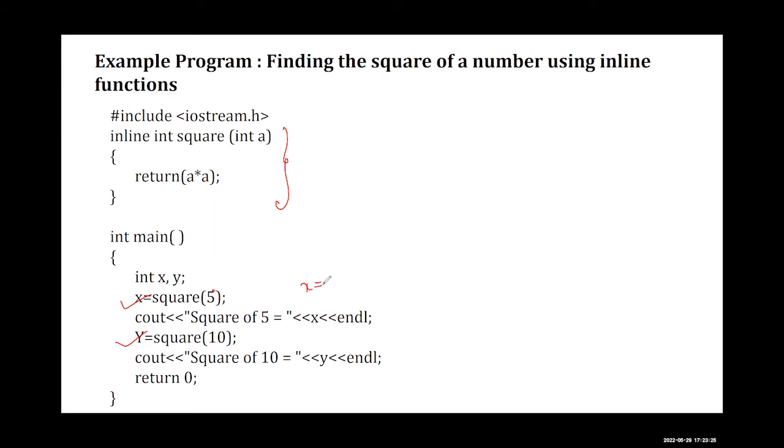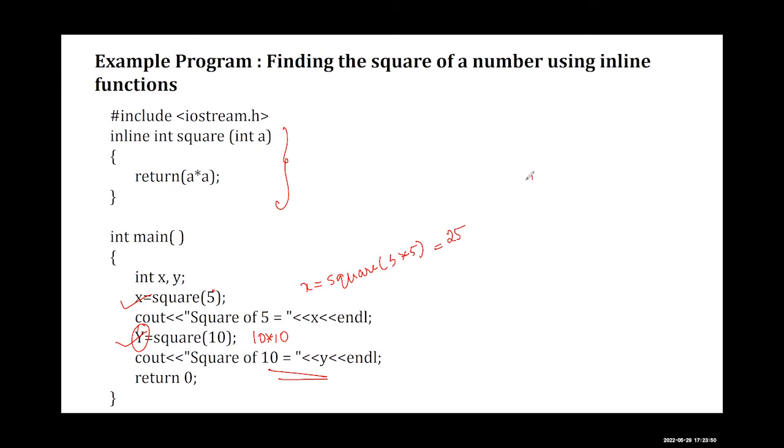It is saying x is equal to square of 5, 5 into 5. So it is going to calculate, and then 25 is going to get stored here. Similarly, I am passing 10 here. When I am passing 10, 10 into 10 is going to get stored in y. Okay, and then I am going to output it.